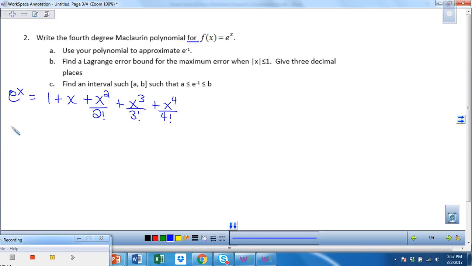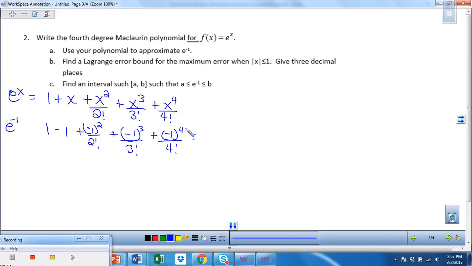So if I'm approximating e to the negative 1, every place I see x, I'm going to replace it with negative 1, which makes this now an alternating series, although we're going to use Lagrange to estimate the error. So this becomes 1 minus 1 plus 1 over 2 factorial. Now, this is negative 1 squared. I know that, but negative 1 squared is 1, so I was just being lazy there, but I won't be lazy. Plus negative 1 cubed over 3 factorial plus negative 1 to the 4th over 4 factorial.